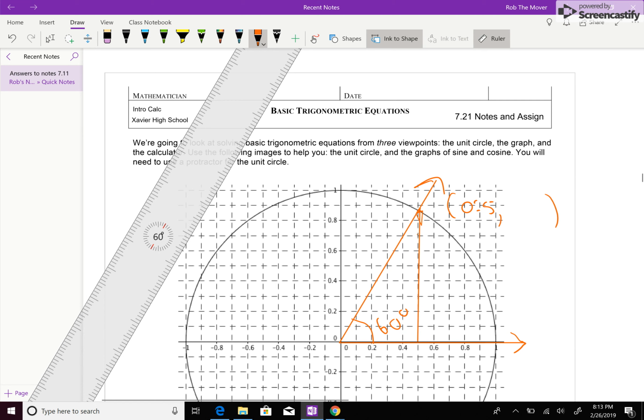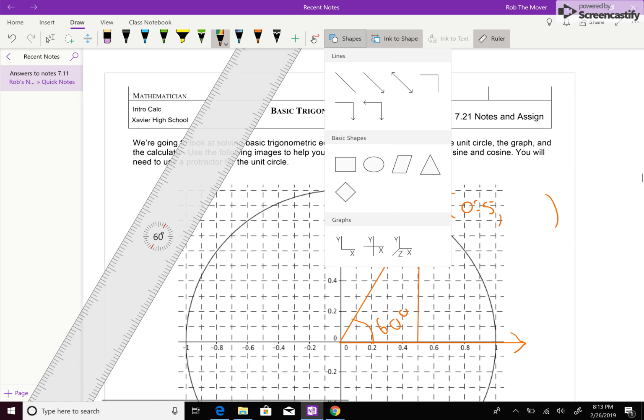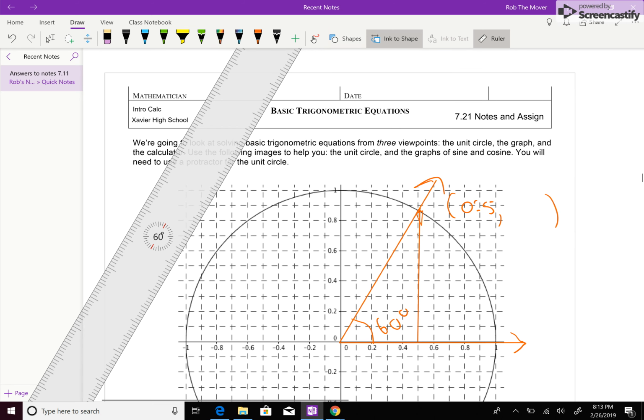Okay. Now, why is that x value 0.5? Well, look at that triangle. What kind of triangle do we have here?